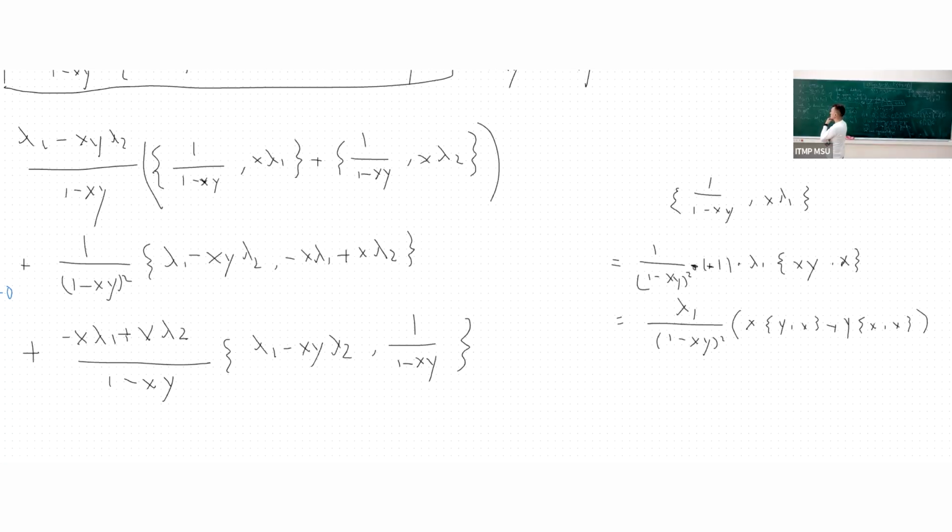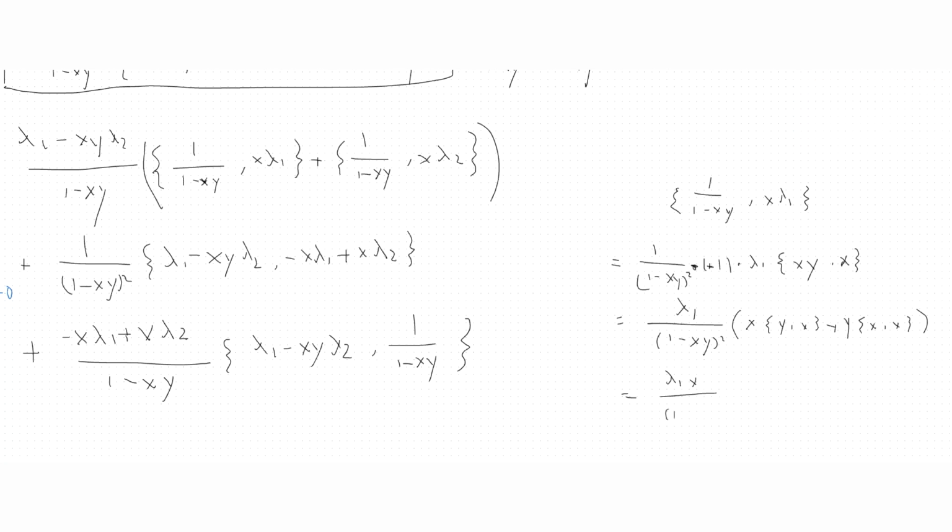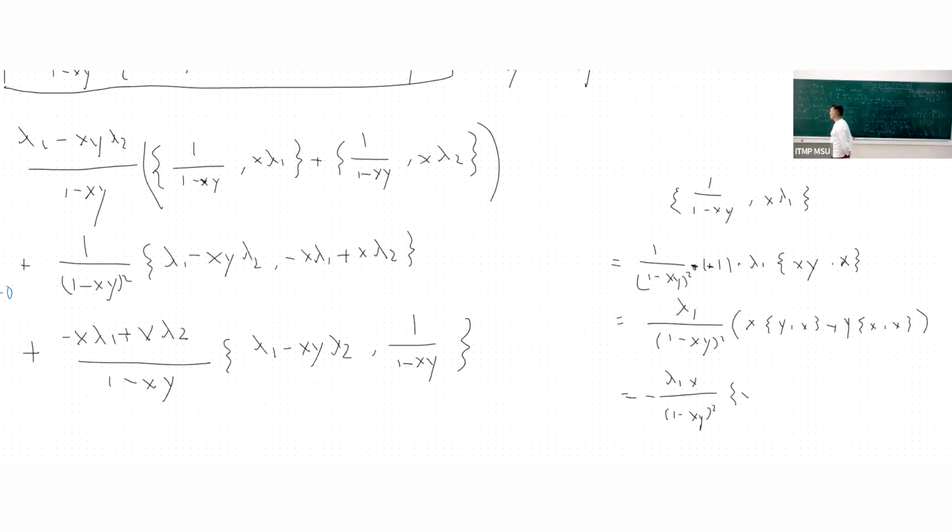Yes, we only have this lambda. Lambda 1 x. Yeah. 1 minus x y squared minus xy. Very good.